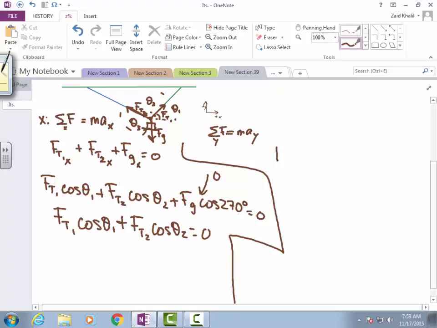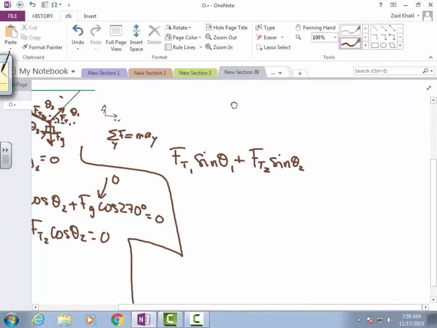We got ft1 sine theta 1 plus ft2 sine theta 2, right, plus fg sine theta 3. I'll even write sine 270 degrees. And that net force equals 0.